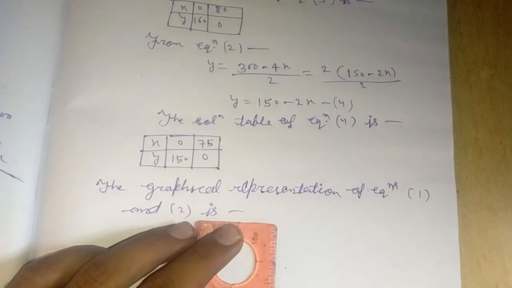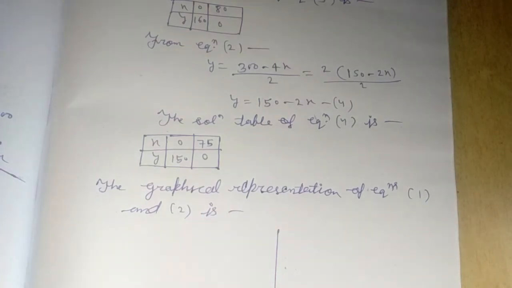Because the values are only 0 and positive, we will draw only along the positive x-axis and positive y-axis.